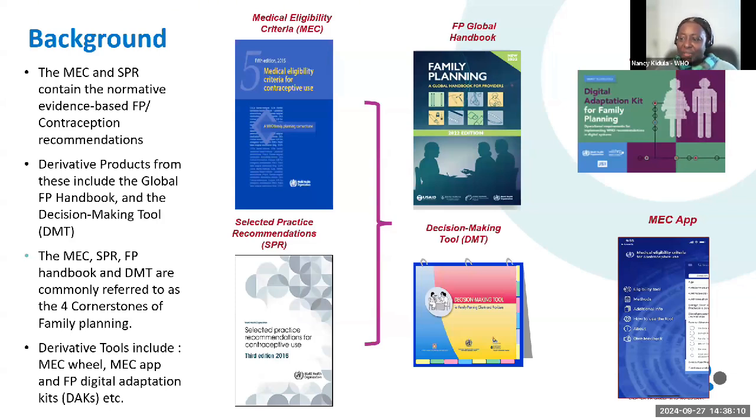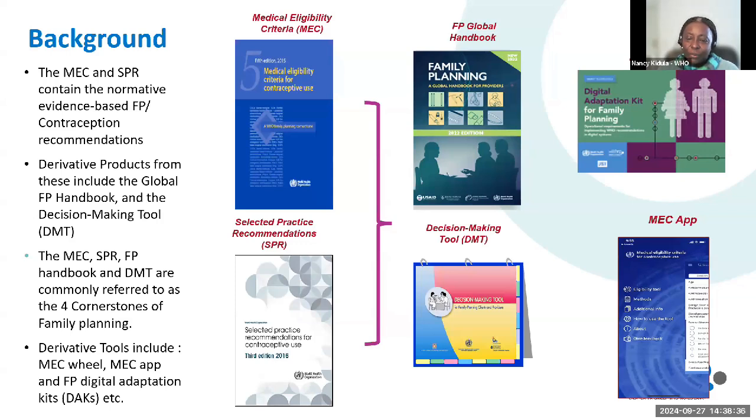These recommendations of the expert review team are presented in the document Medical Eligibility Criteria for Contraceptive Use, or otherwise commonly known as MEC. This team of experts is convened every 5 years or so to review new research findings and to update the recommendations.